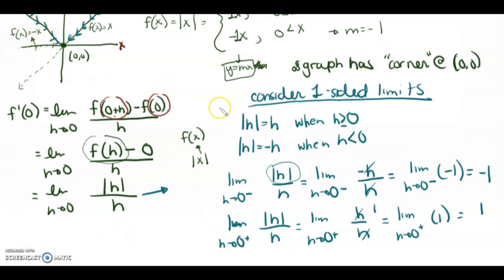It is not based on this graph. It's just based on the h value. So the left side limit does not equal the right side limit, okay? And therefore, the limit does not exist.